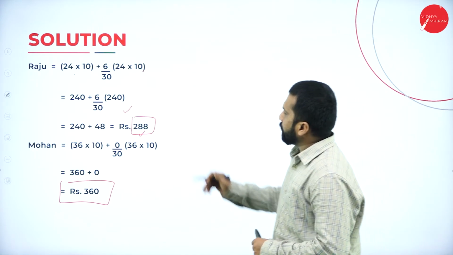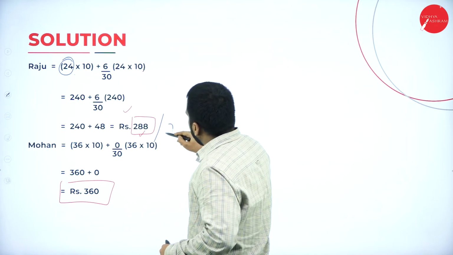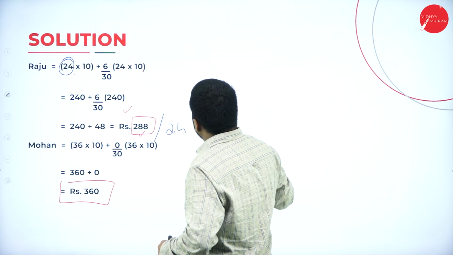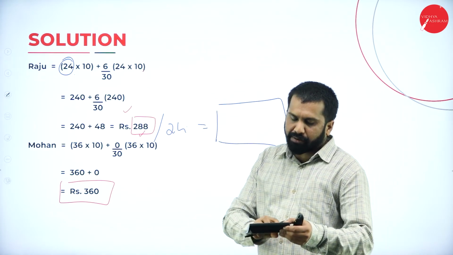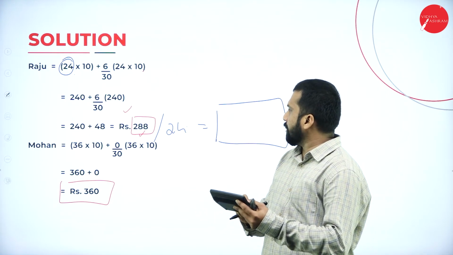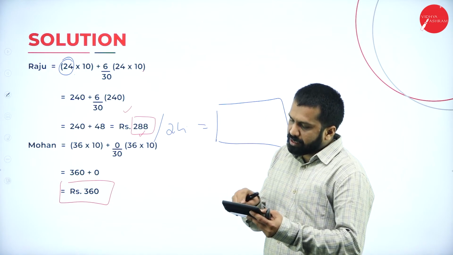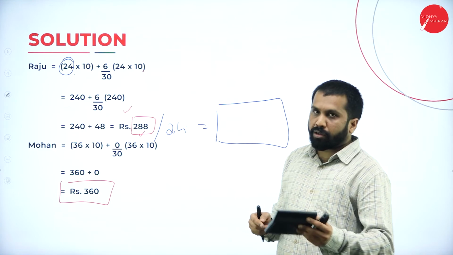Similarly, second person, 288 divided by 24 hours. So, how much will he get? 288 divided by 24. Hardly will get 20 rupees. We'll check. Not 20, 10, 11 rupees something. 288 divided by 24, I got 12 rupees.